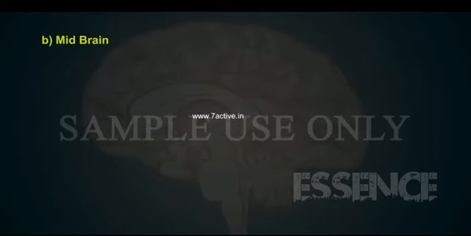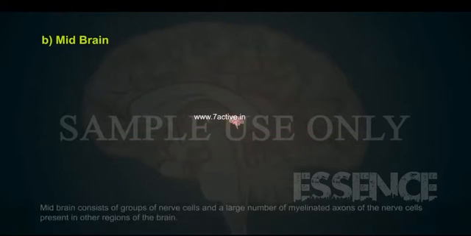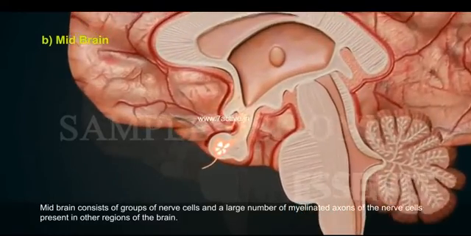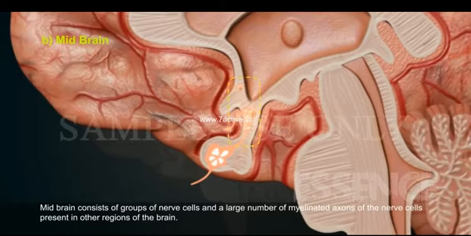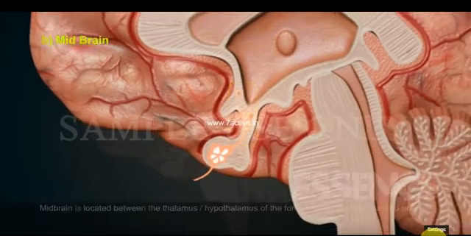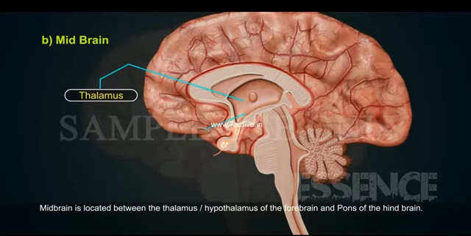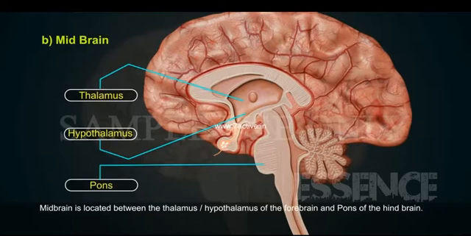B. Midbrain. The midbrain consists of groups of nerve cells and a large number of myelinated axons of the nerve cells present in other regions of the brain. The midbrain is located between the thalamus or hypothalamus of the forebrain and the pons of the hindbrain.